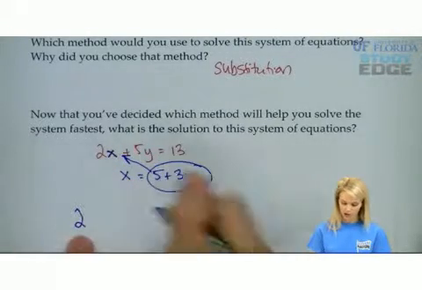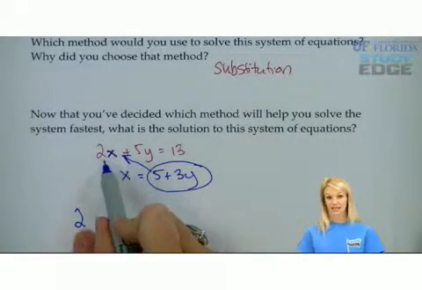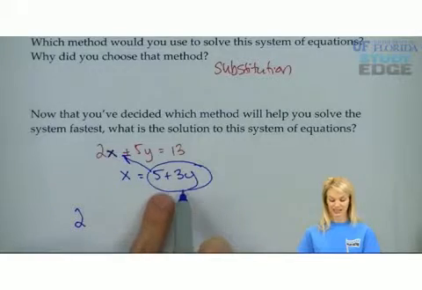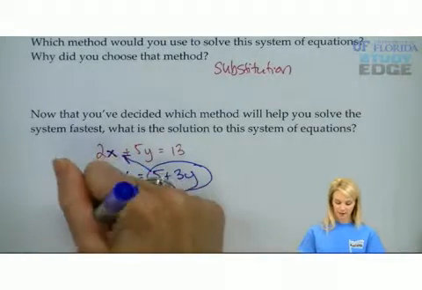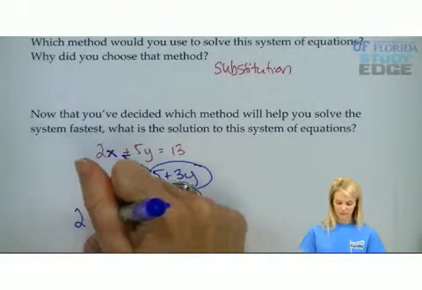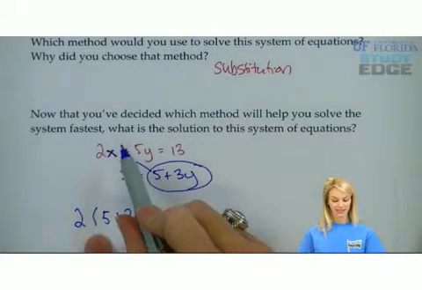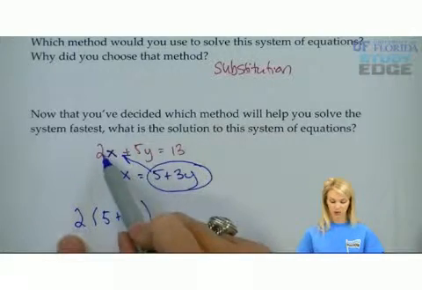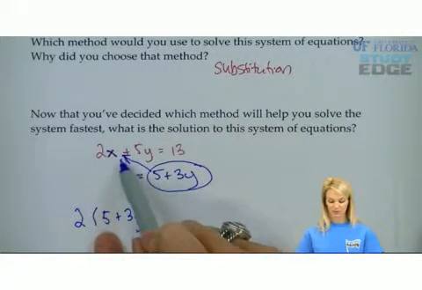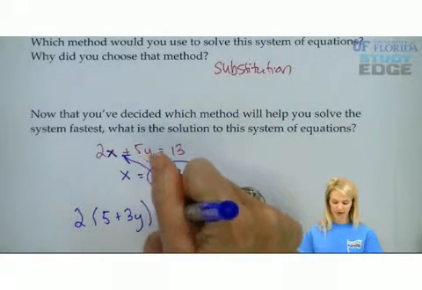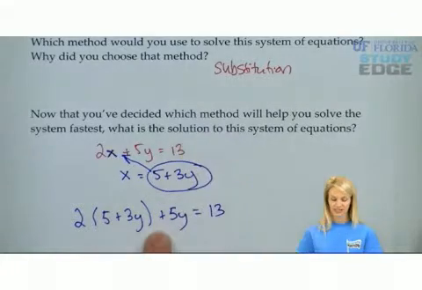So my first equation is 2 times x. I know that x is the same thing as 5 plus 3y, so I'm going to plug in 5 plus 3y. I'm not done. I need to write out this entire first equation. I have 2 times 5 plus 3y, plus 5y equals 13.